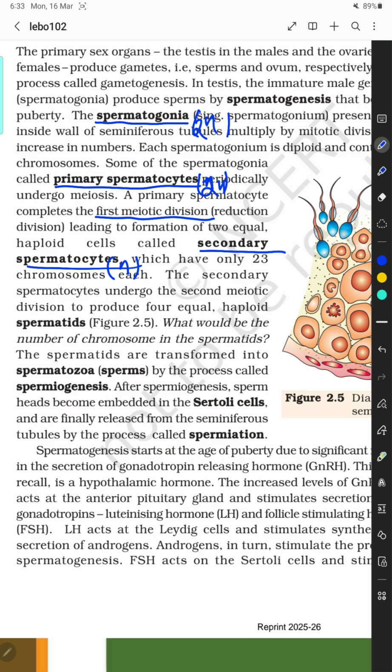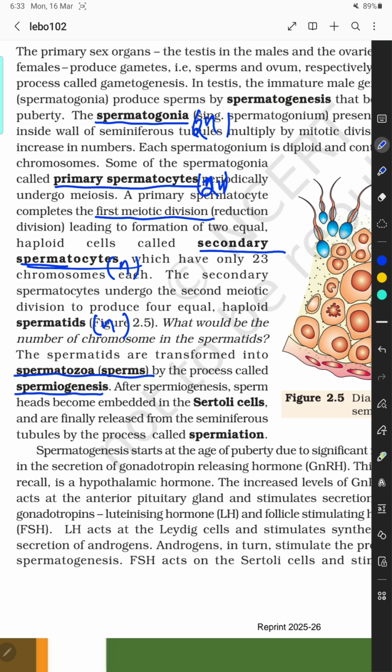Now these spermatids are produced by the division of the secondary spermatocytes, so these are also n. And then these spermatids undergo differentiation to form the spermatozoa or sperms, and the process of differentiation is called spermiogenesis.